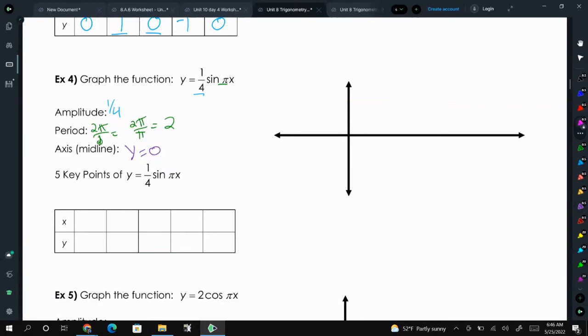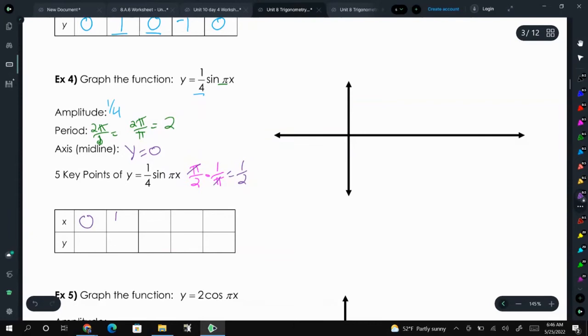Now, our increment is going to be pi over 2 over pi, or multiply by 1 over pi. The pi's will cancel, and you're left with 1/2. So our x values are going to go up by 1/2. So 0, 1/2, 2 halves, or 1, 3 halves, 4 halves, or 2.